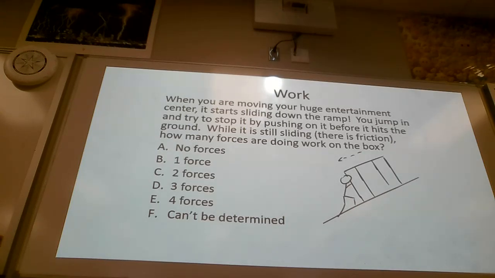But how many of those do work? If I pull my phone, if I understand, no friction. If I pull my phone right now, what's making it move, what forces it to? Okay. What do we say?